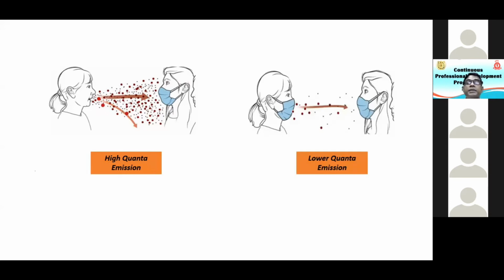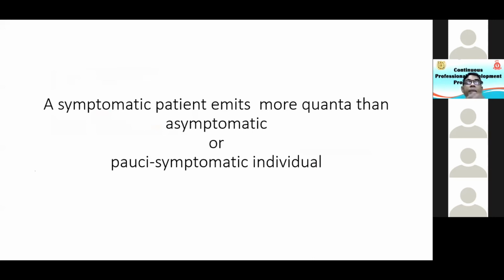In the same instance, if the contagious person is wearing a mask, the number of quanta produced within the time period will drop significantly. When you have low quanta emission, the risk of infection is less. A symptomatic patient emits more quanta of droplets containing viruses than an asymptomatic or post-symptomatic individual.